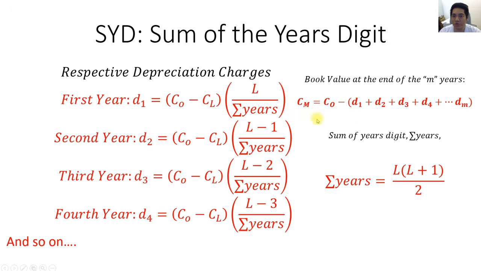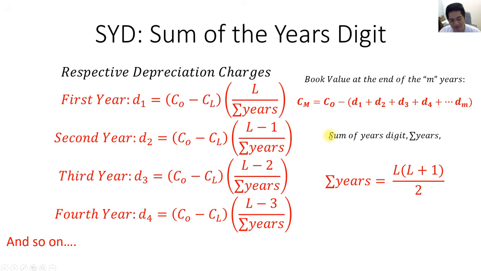So the book value at the end of M years is C sub M equals first cost minus the summation of the total depreciation. If we have a total lifespan of 10 years, then subtracting the total depreciation from the first cost, the answer should be the salvage value.